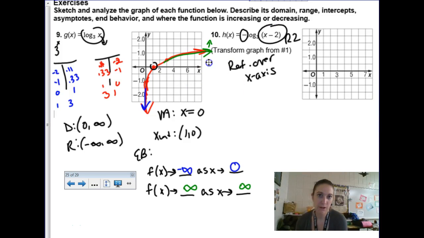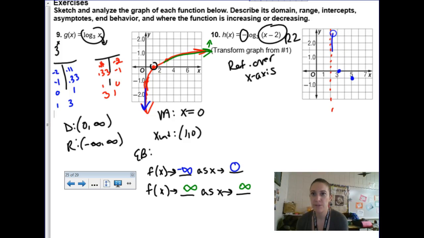So if you think about all these ordered pairs being reflected over the x-axis and then shifting right 2, a lot of things happen, and the most notable one is that the vertical asymptote is now going to be over here at 2. So this ordered pair of 1, 0 gets reflected, still here, but then it shifts right 2. There we go. And then like this nice ordered pair, which used to be at 3, 1, if it got reflected and then shifted right 2, now it's over here.